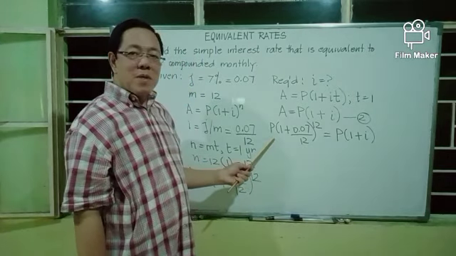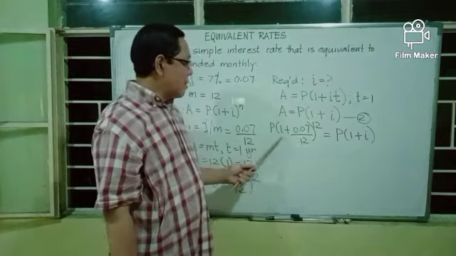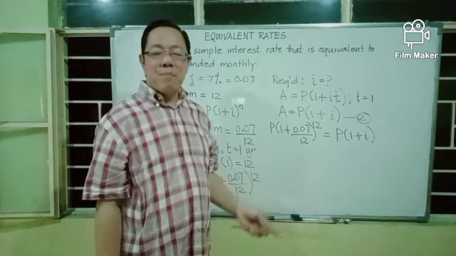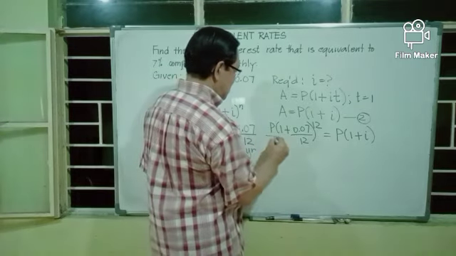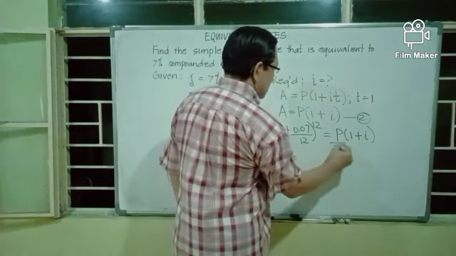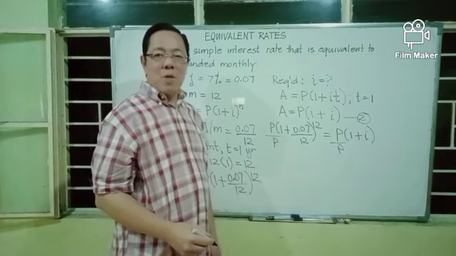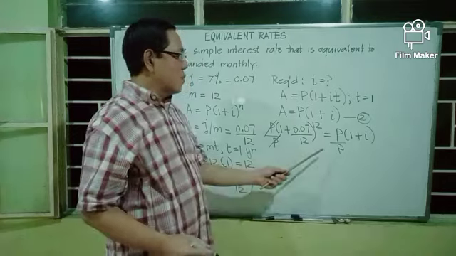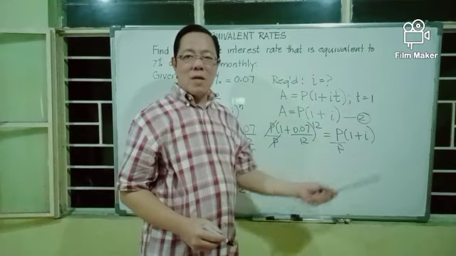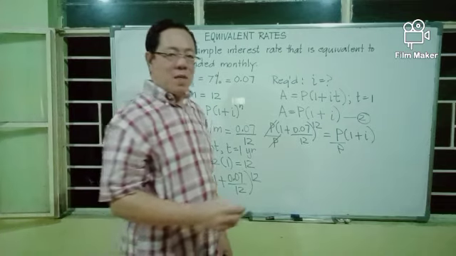And it is from this equation that we will solve for I. You can see that both sides have P, and we divide both sides by P, the principal. P over P will cancel out. The same way, P over P at the right hand side is 1, or simply cancels out.